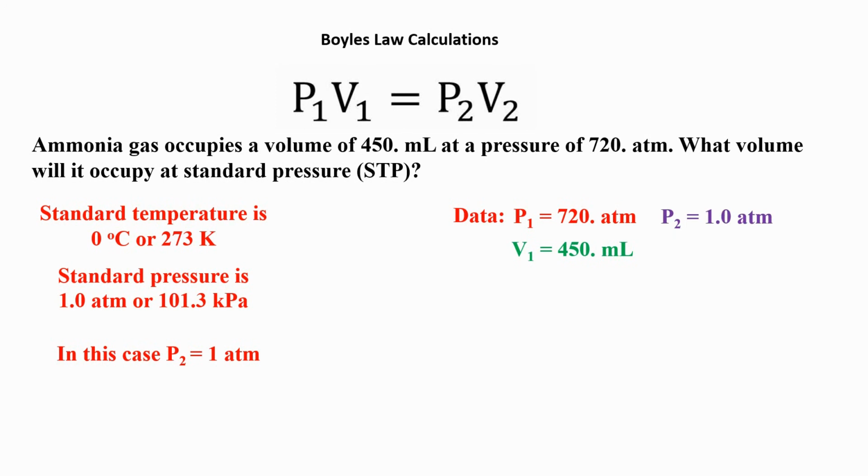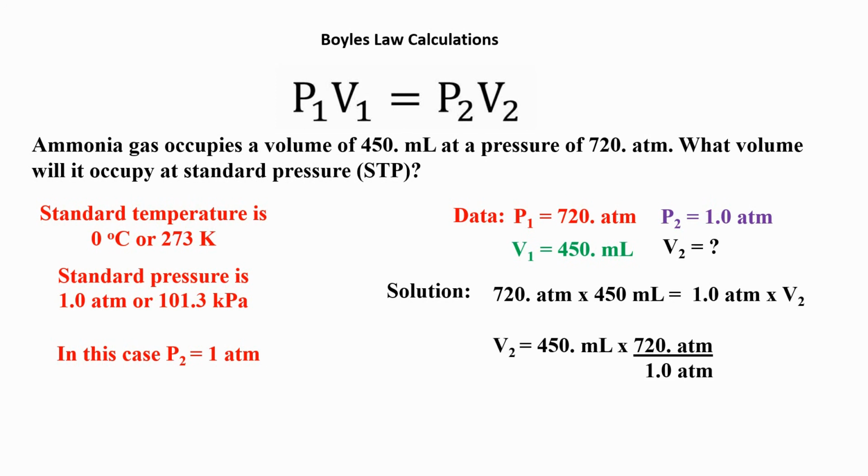P2 is equal to 1.0 atm, and V2 is unknown. So in the solution we write the following. 720 atm times 450 milliliters is equal to 1.0 atm times V2.